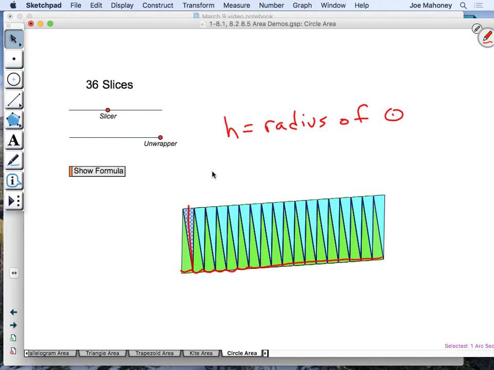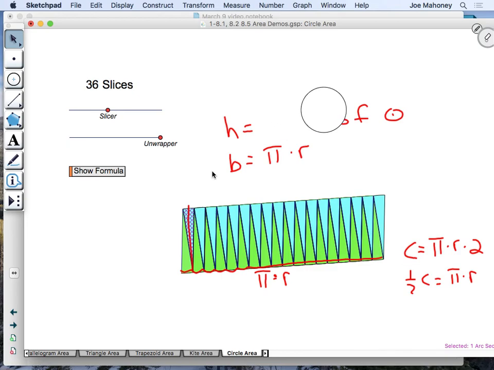But what that figure is, is half of the circumference. Do you remember that the circumference of a circle is pi times the radius times 2? So if I take half of that circumference, I get pi times radius. So my base is equal to pi times r.